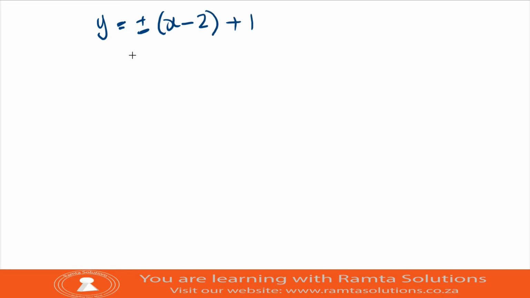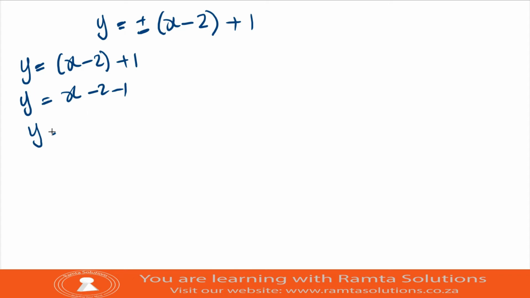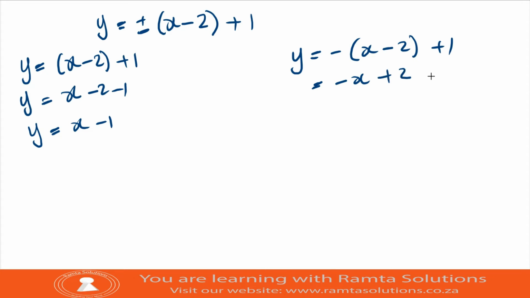So when it's a positive slope, x minus 2 plus 1. This means y equals x minus 2 minus 1. So y equals x minus 1. When it's a negative slope, y equals negative into x minus 2 plus 1. This is negative x plus 2 plus 1. This means y is equal to negative x plus 3. Do you guys see that?